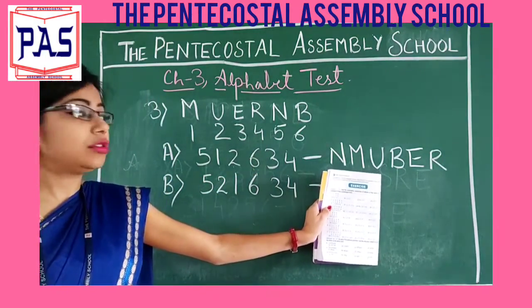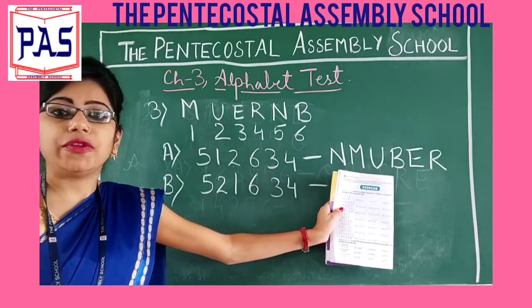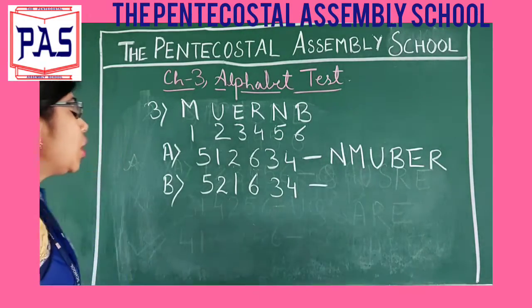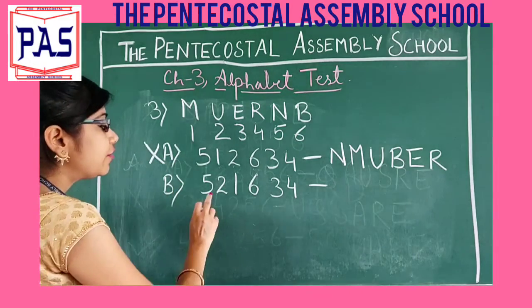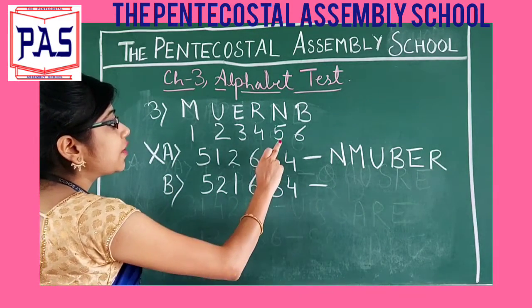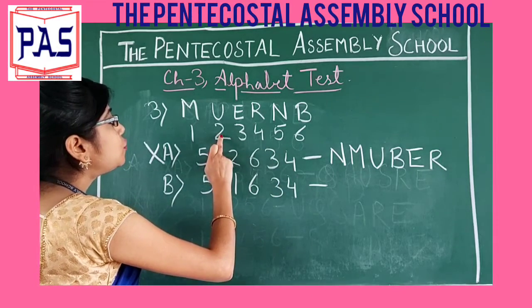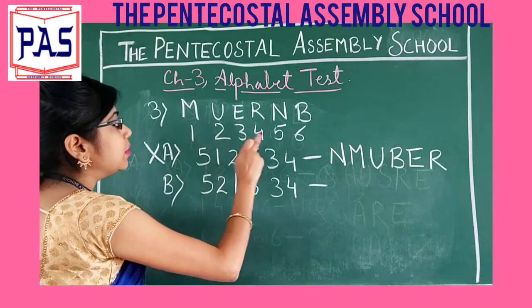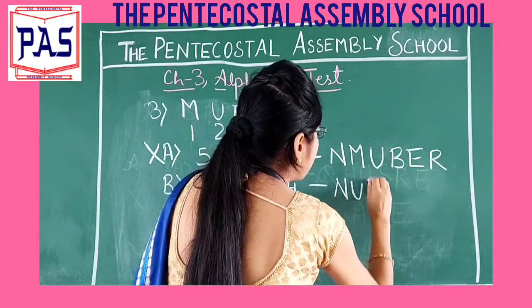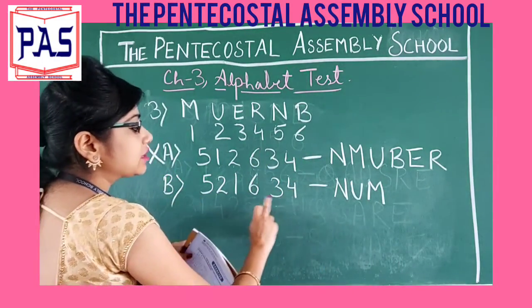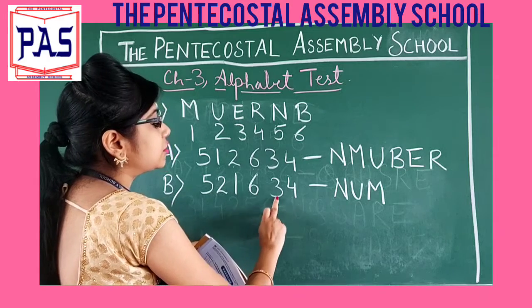This is not a meaningful word. Let's check out option B. So option A is not your answer. 5, 2, 1. So 5 is N, 2 is U and 1 is M. So N, U, M. The next 3 numbers are 6, 3, 4.